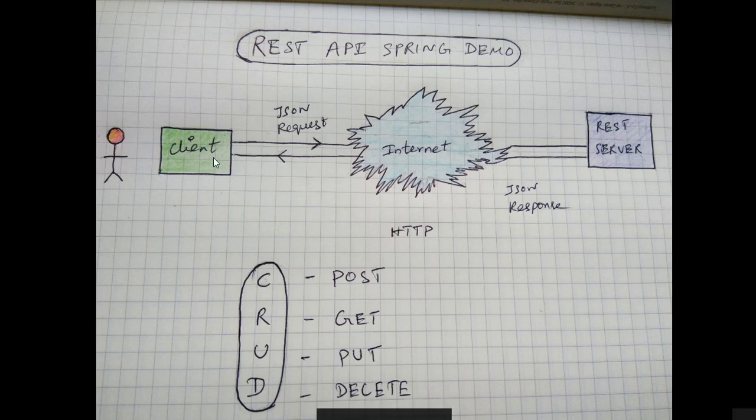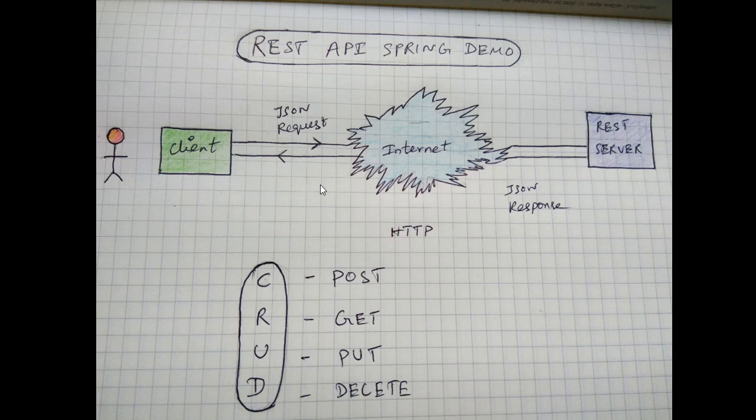Whenever a client makes a request, say he wants to create a bank account or make a transfer, the client sends a JSON request, it passes through the internet and reaches the REST server. The REST server does the business logic, like connecting with payment or the database and persisting your object, and sends an appropriate JSON response. So communication happens using JSON request and JSON response.